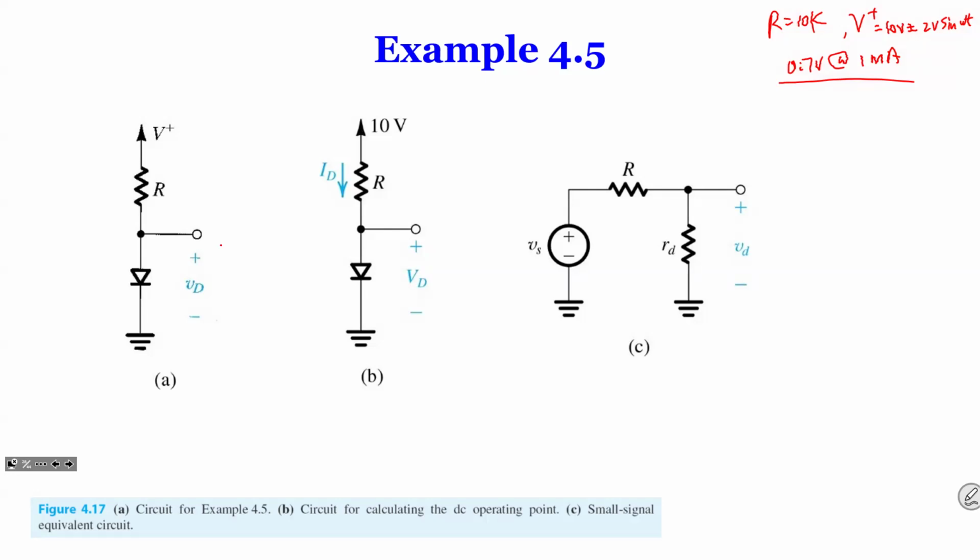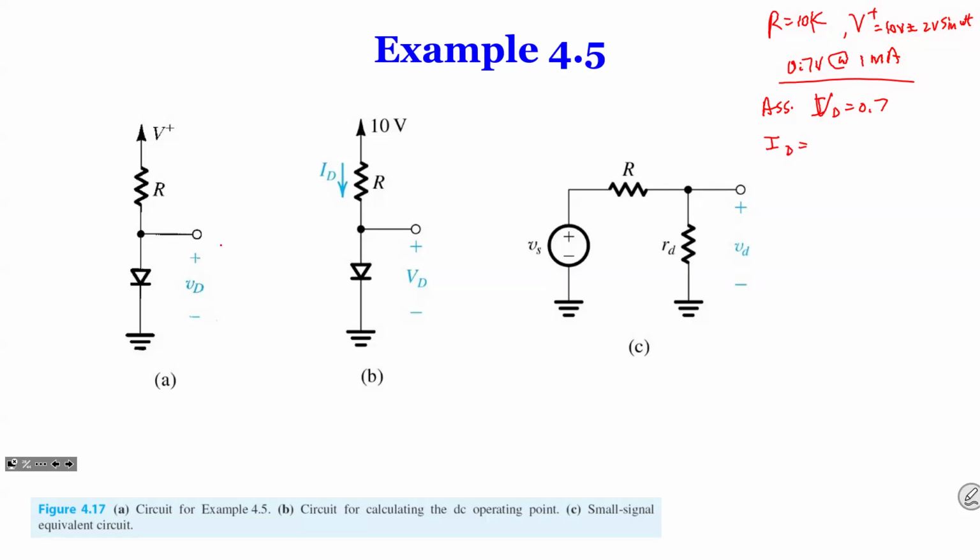Okay. So what we're going to do is we start by assuming VD is 0.7. So we can calculate ID, that's the middle circuit.